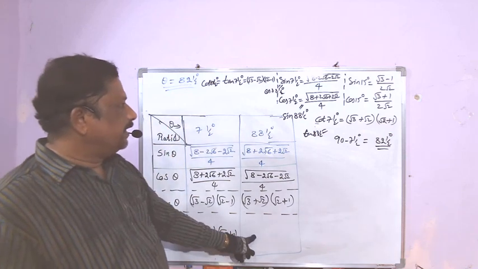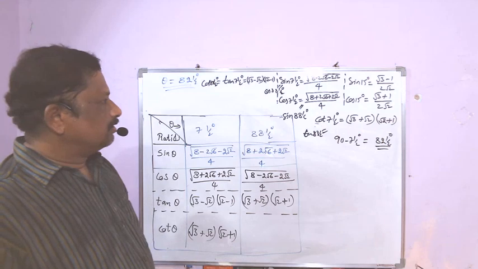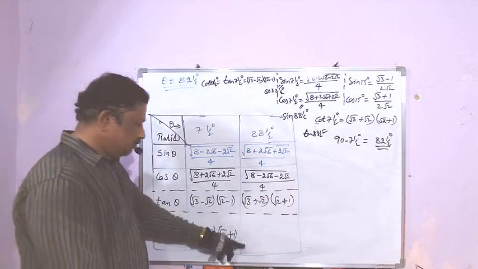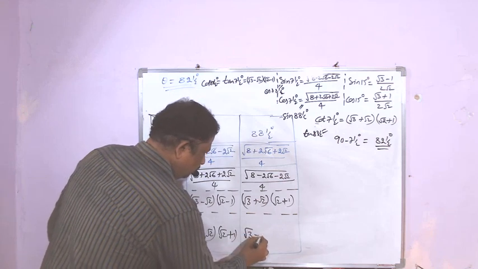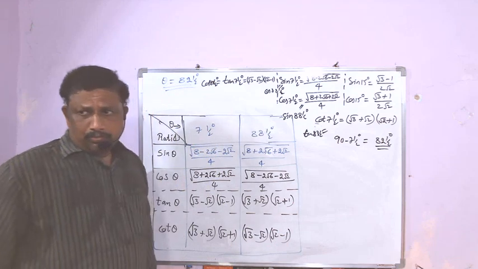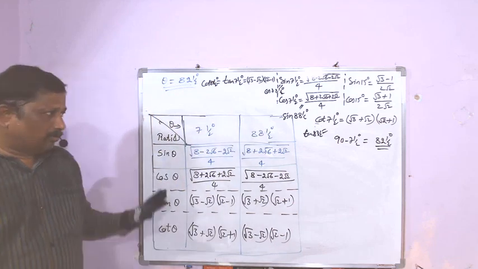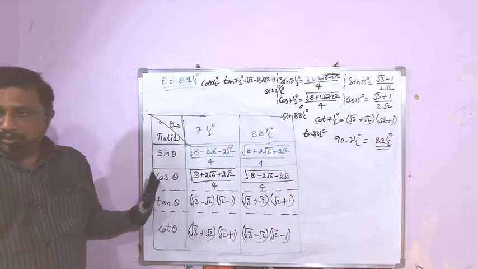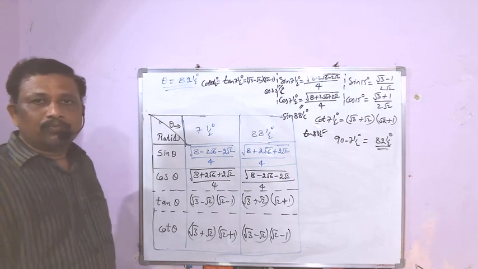Next, cot 82.5 degrees. Cot 82.5 degrees is nothing but tan 7.5 degrees. So the same thing will come: root 3 minus root 2 into root 2 minus 1. Okay. This table you have to derive just now. You have to remember this table. Any doubt? Complete.